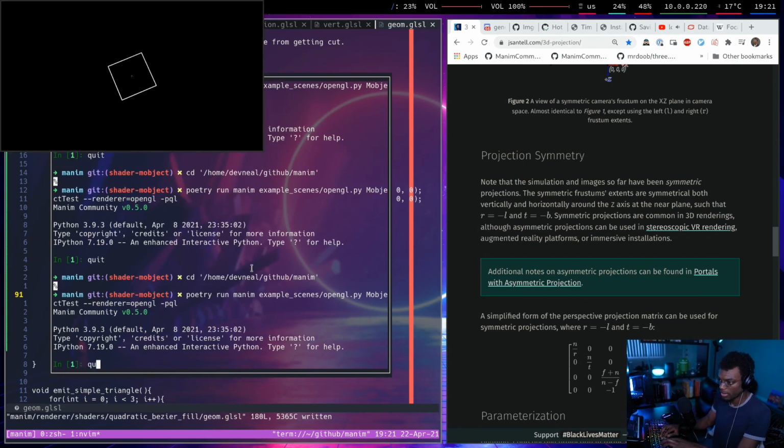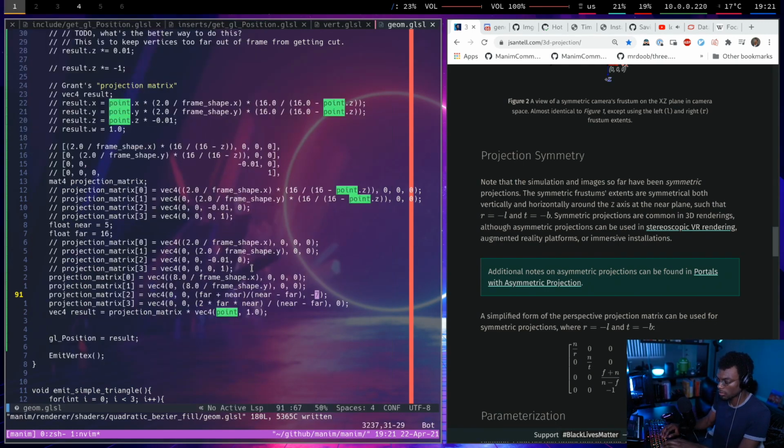Don't want that to be more negative. So that's a constant -1, so I probably don't want to change that. The near and far planes, though, maybe this... It seems like the X and the Y coordinates are more important than that.